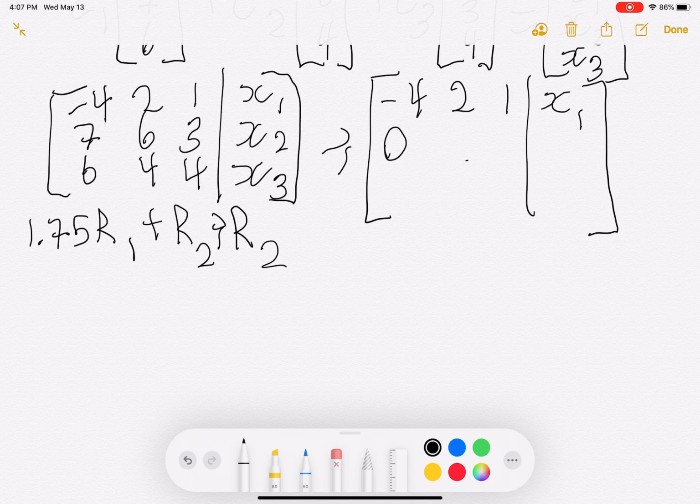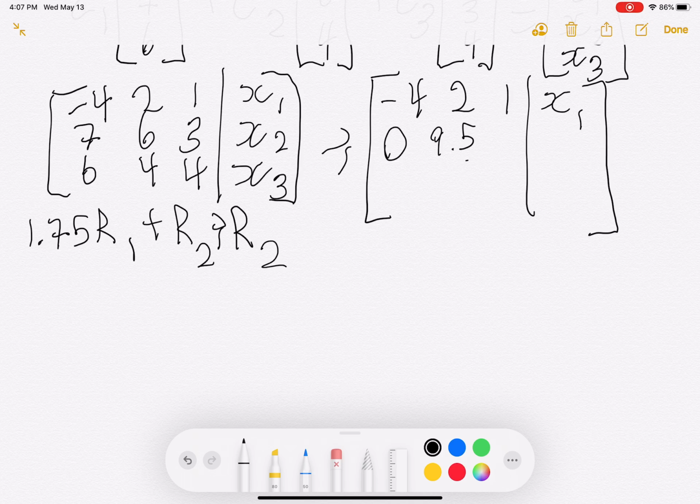Then 3.5 plus 6 is just 9.5. Because look, we're multiplying 2 by this value here and then adding to that this. So 9.5, right? 9.5, I think so.